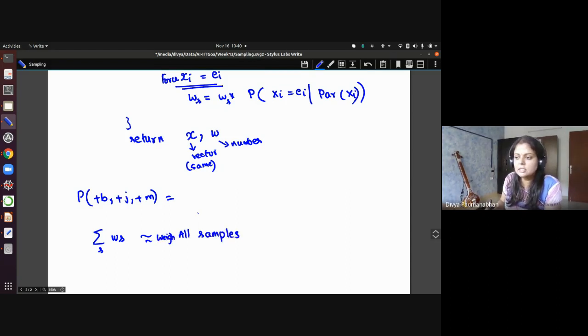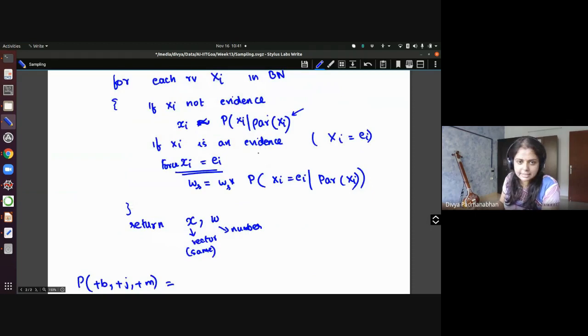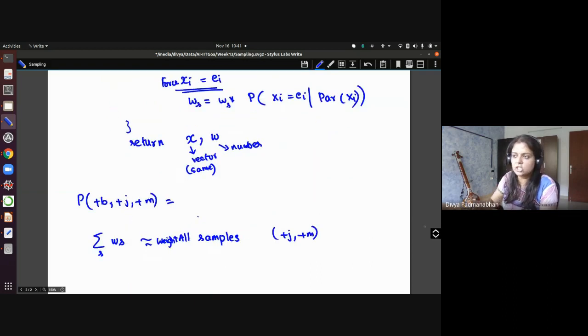And recall that they had plus j and plus m, because we are forcing this plus j and plus m. We forced the evidence to take this value: when we reached j, we said it should take the value plus j, and when we reached m, we said that it should take plus m. So this summation ws is the total weight of all samples which are relevant. Okay, but now there's this part also, right?